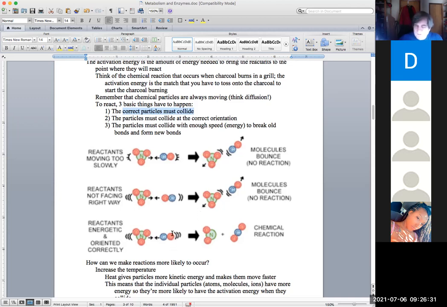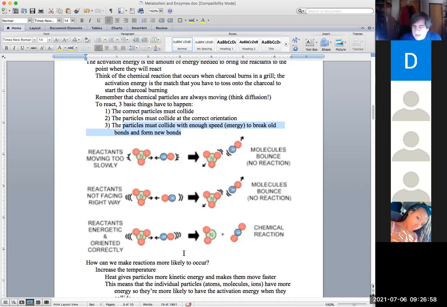And if the right two particles collide, if they collide facing the correct direction, and if they have enough energy when they collide, and energy is really just measured by speed or temperature, it's kind of the same thing at a molecular level, they've got to have enough to break the old bonds and make the new ones.